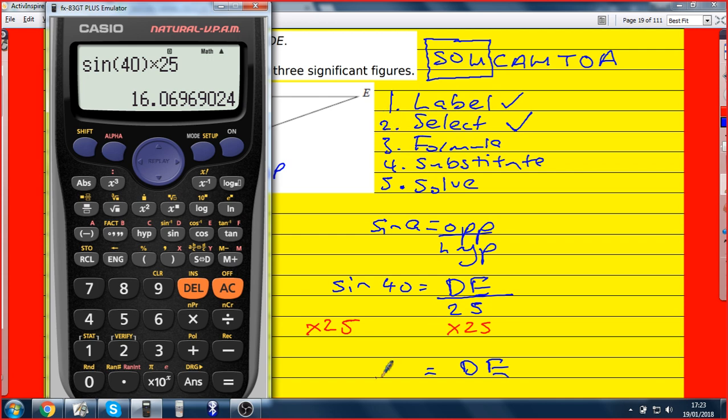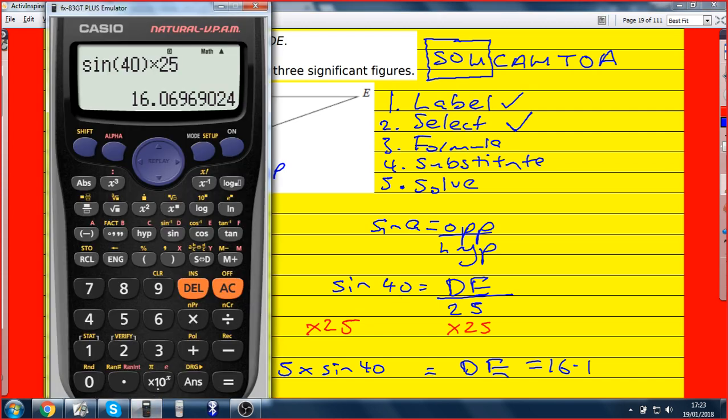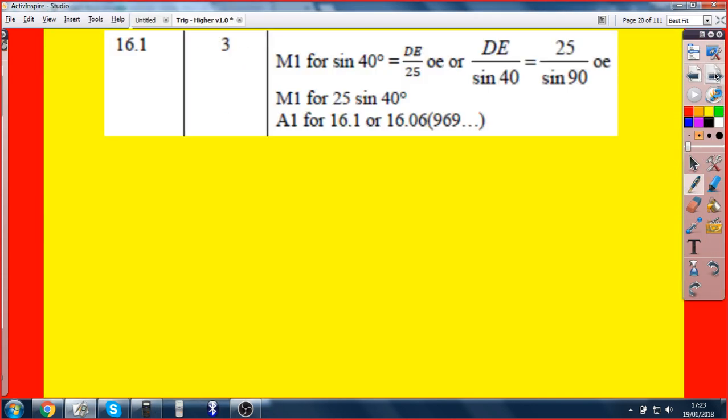Yeah, that's it. So DE is 16.1, and this was sine 40 times 25, and you can do it like that: 25 times sine 40, or sine 40 times 25. And yeah, any questions about anything there? No. Okay, so that's 16.1, 3 marks.